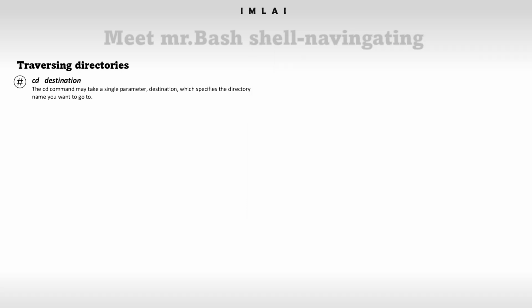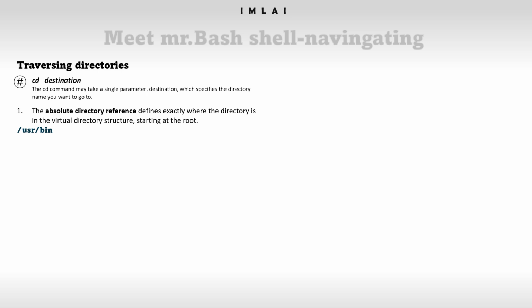Now the destination parameter can be expressed using two different methods. One method is using an absolute directory reference. The other method uses a relative directory reference. You can reference a directory name within the virtual directory system using an absolute directory reference.